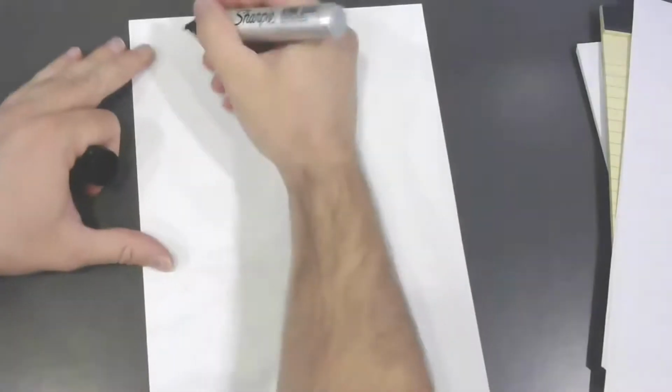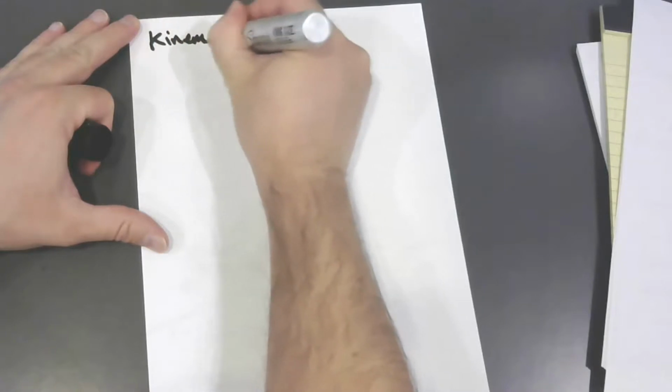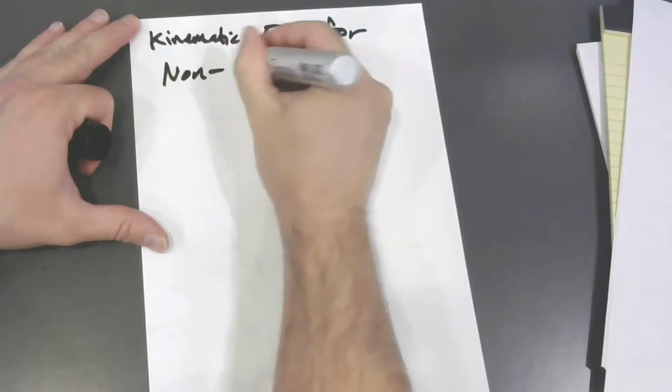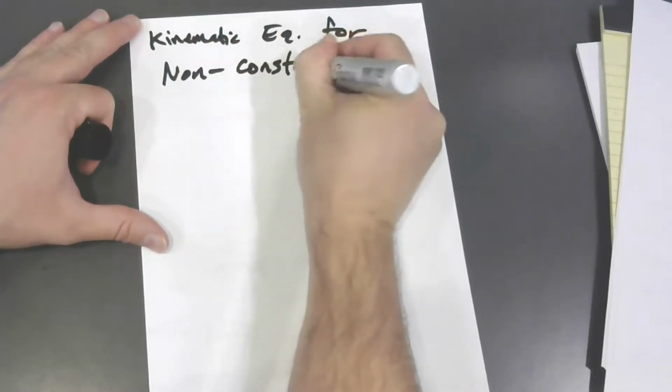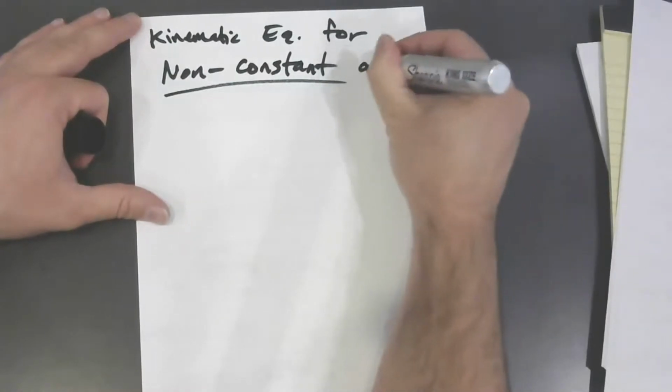So here's your one example of finding position versus time for non-constant acceleration. Kinematic equation for non-constant. And like I said, you should be able to find a couple examples in your homework as well and in the chapter.